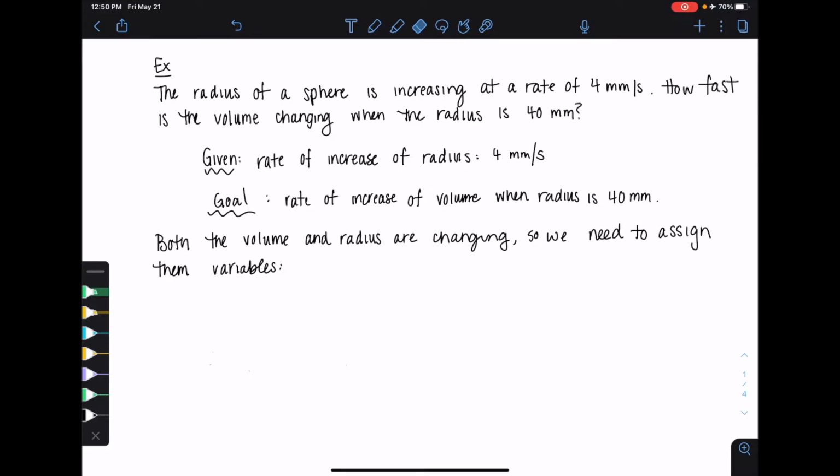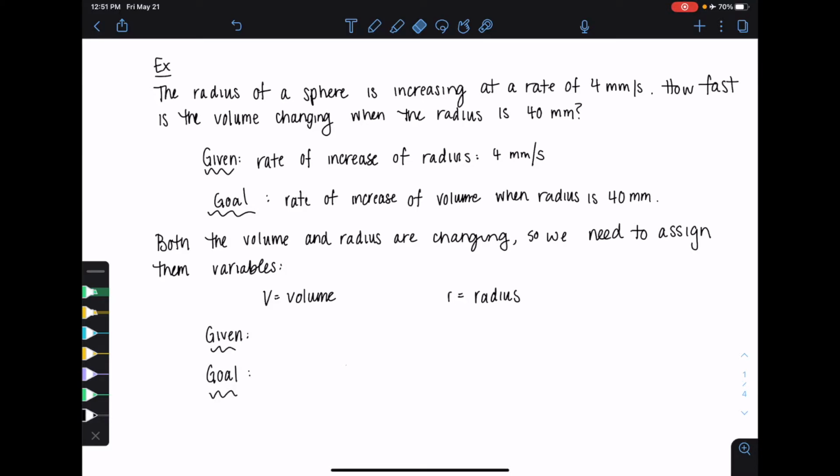So ultimately, both the volume and radius are changing, so I've got to assign both of them variables. You want to pick stuff that's going to be natural. Don't make volume like A. Try to keep it nice and simple. V, volume, radius, R. So now I can rewrite both of these given and goals in terms of these variables. And their rates, so that means their derivatives.